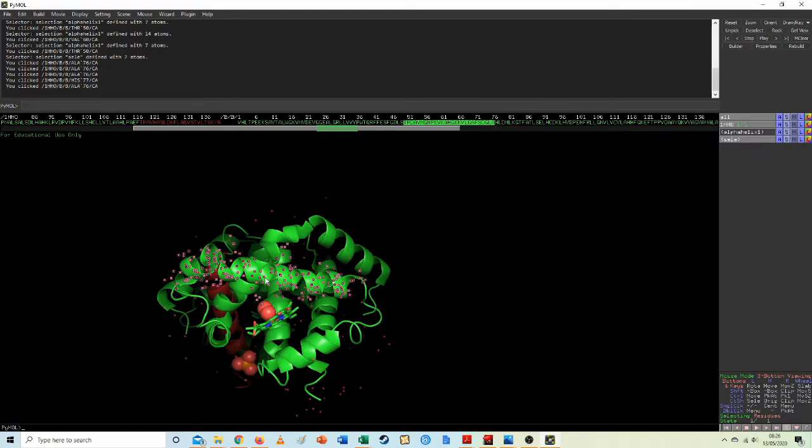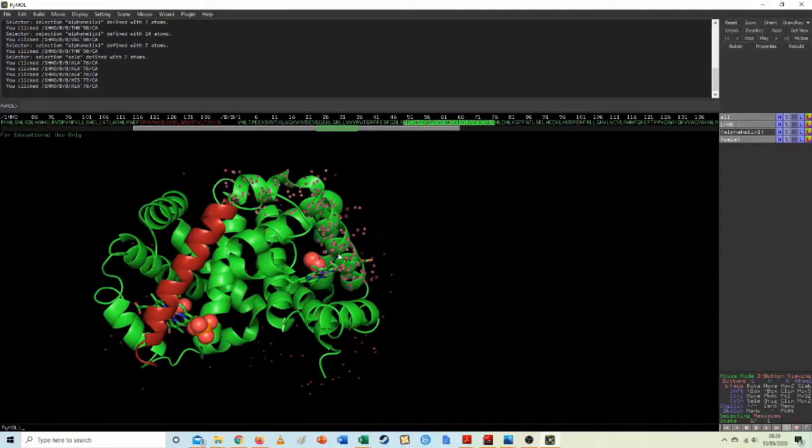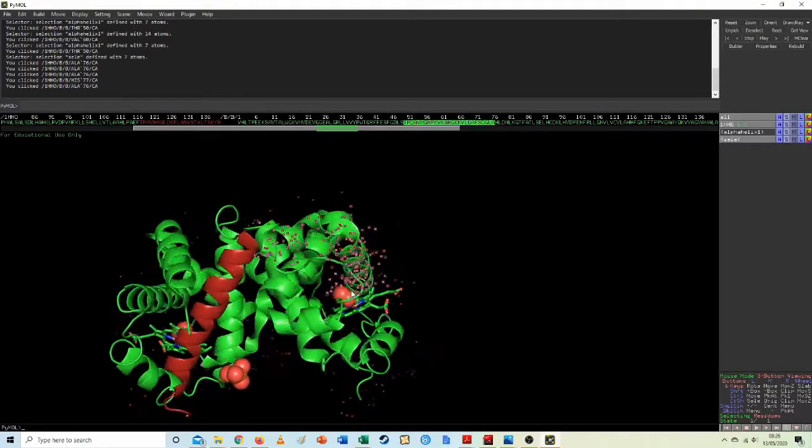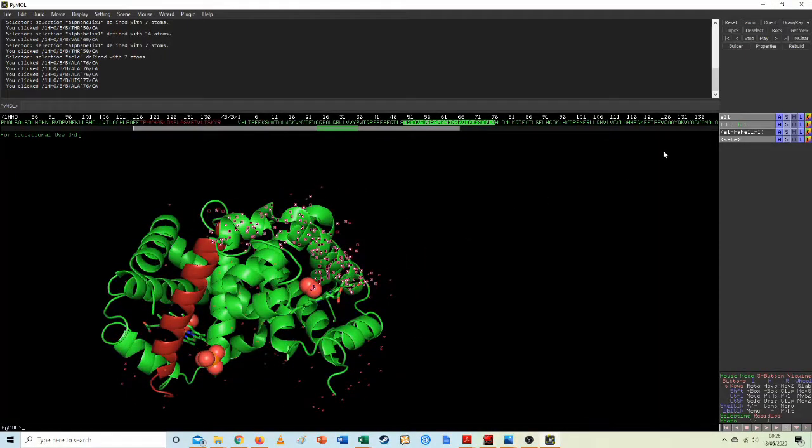Okay, so that's me selected all of this kind of weird twisted round alpha helix. What I want to do now is rename this section, and I'm going to call this alpha helix 2.